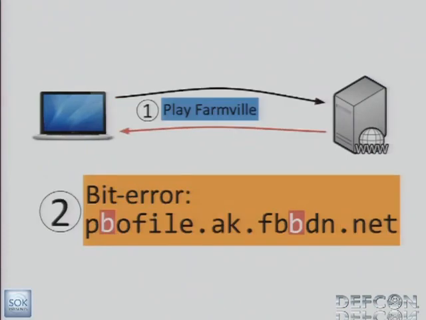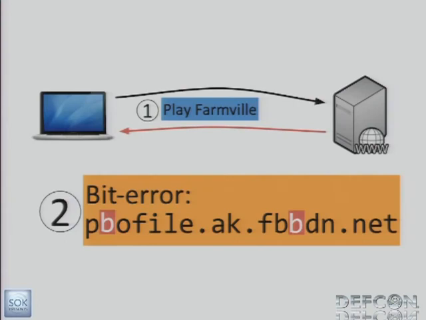Then you request some stuff from Facebook, and a bit error happens in either the Facebook or the Farmville servers, and profile.ak.fbcdn.net changes to pbofile.ak.fbbdn.net. I happen to own fbbdn.net, and this bit error happens to happen in the URL of an ad server.